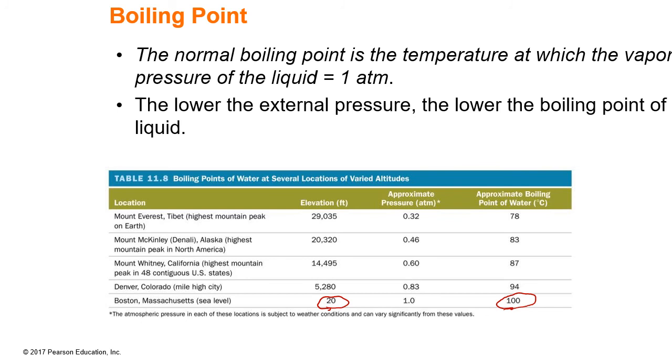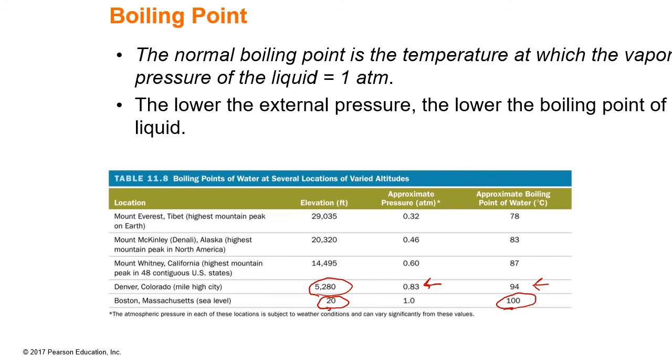If we increase the elevation, say we travel to Denver, now we're higher in the atmosphere, which means there's less atmosphere between us and space. The pressure is lower, and our boiling point is lower because there is less external pressure. We reach that boiling point quicker.